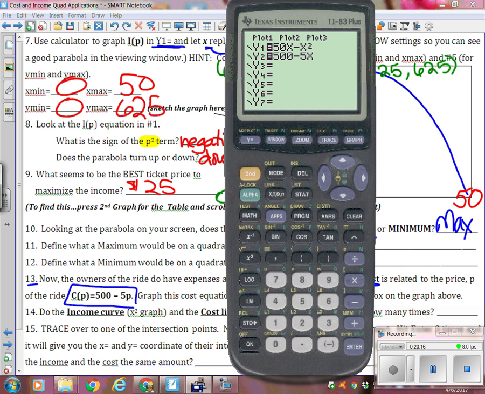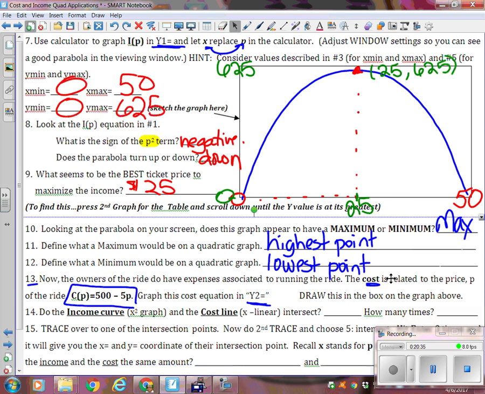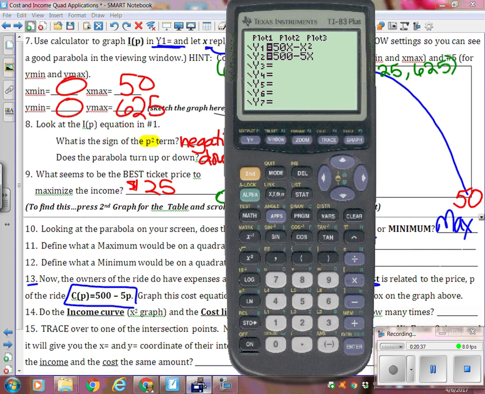So this represents the costs. We have some costs. Has everybody got it in there? All right, trace over to one of the intersection points. Let's see. Oh, we have to graph it. All right, let's graph it. Hit graph. Do you have a second line that comes in across yours?